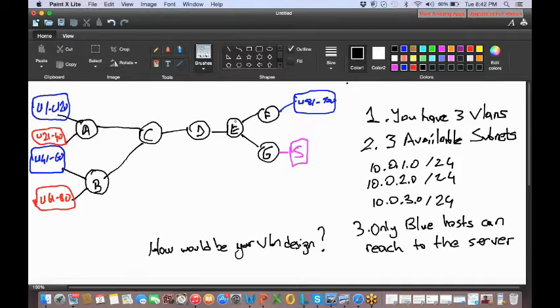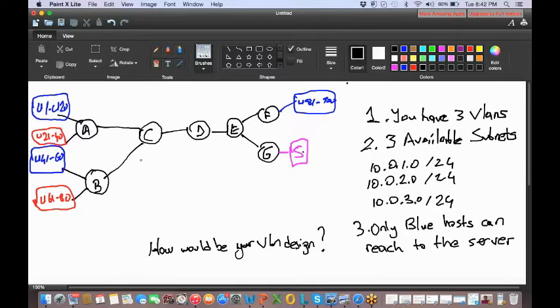Now we want these blue users to reach only this server. This is the server, connected to switch G, and we want only those blue users to reach this server, not the red ones. So based on this, how would your VLAN design be?